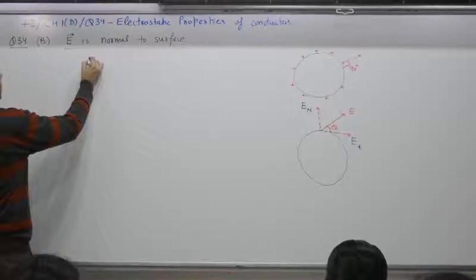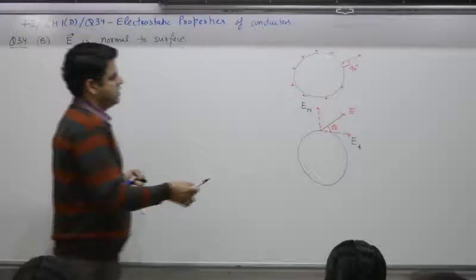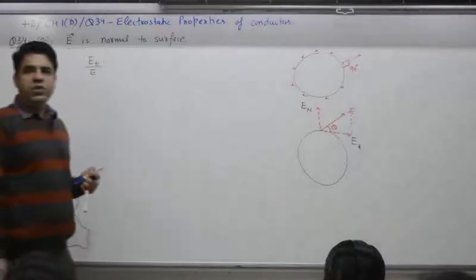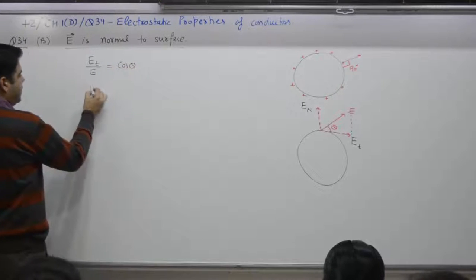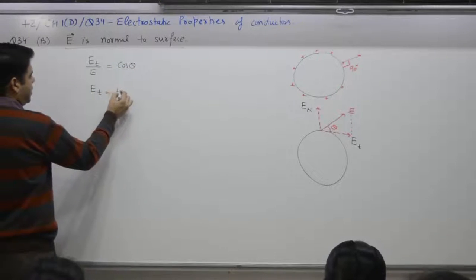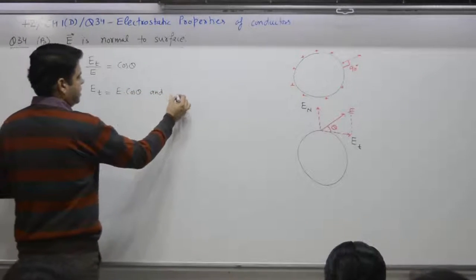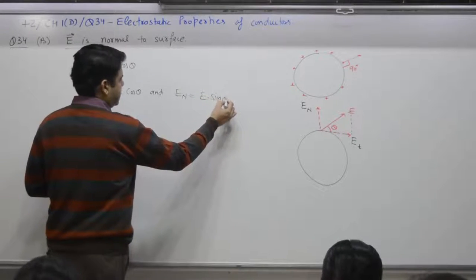Tangential component is what? In this triangle, Et by E is equal to what? Cos theta. So Et is equal to E cos theta and En is equal to E sin theta.